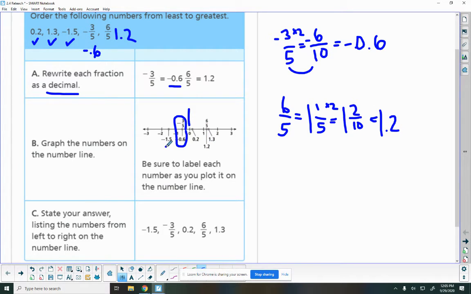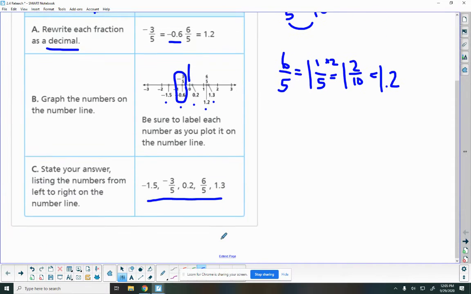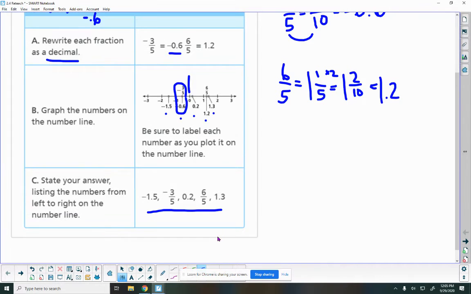So now I can see -1.5, -0.6, 0.2, 1.2, which was 6/5, and 1.3 in order from least to greatest. So we want to make them decimals. We want to put them on our number line and then put them in order.